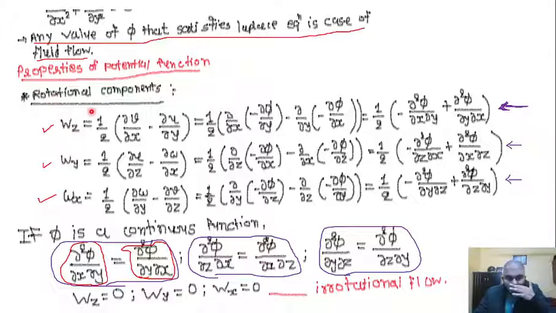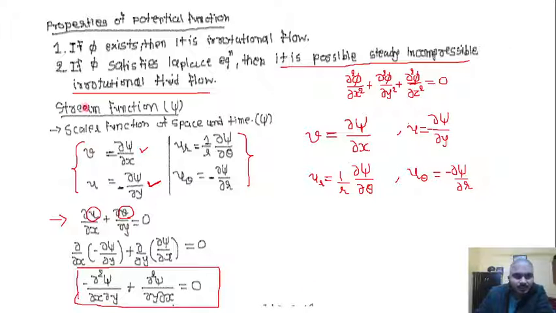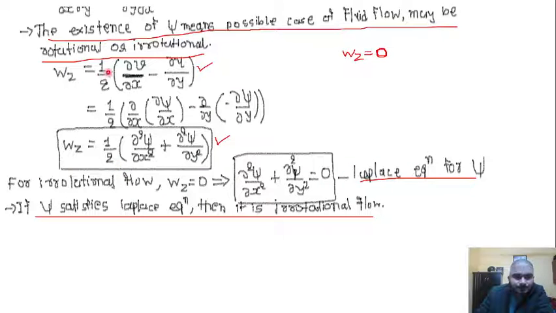Here the rotational components were first defined, and we obtained them in terms of the velocity potential function. Then phi is a continuous function, so the mixed second derivatives of phi are equal to each other, and we get irrotational flow.